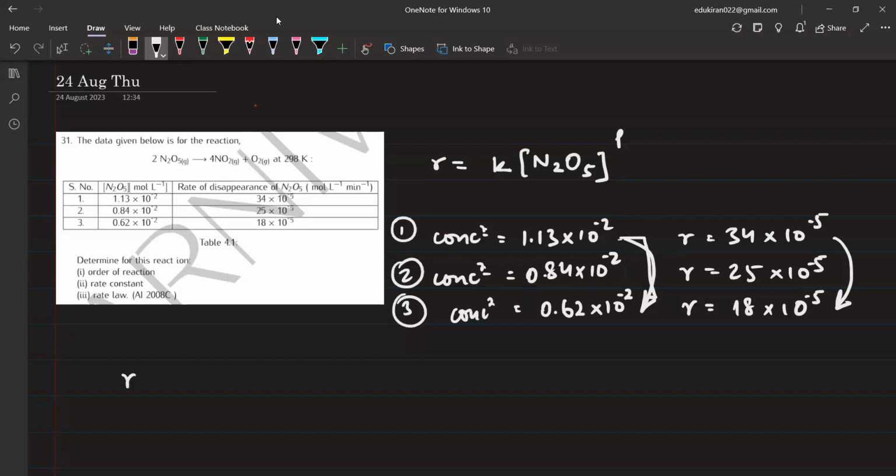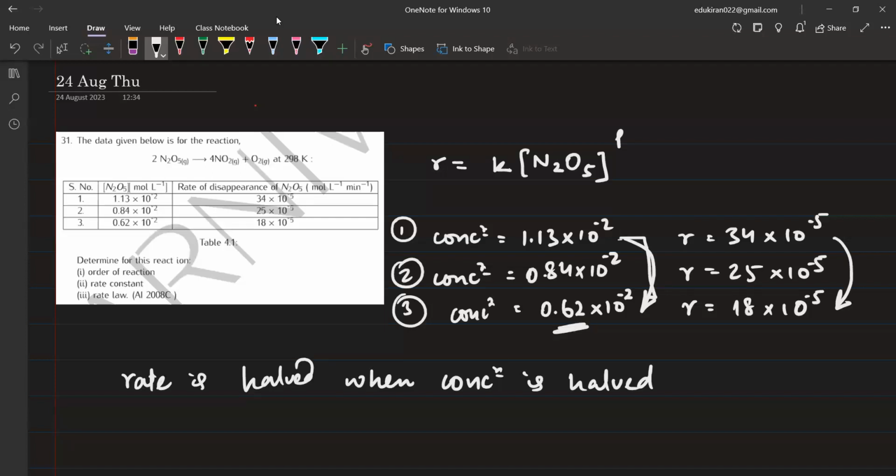So rate is half when concentration is half. Almost, not accurately, but you can see this is almost half of 1.13 and this is almost half of 34. If I do this as 1.2, then this would have been 36 and this would have been 18, right? So almost half. Then we will say rate is half when concentration is half.